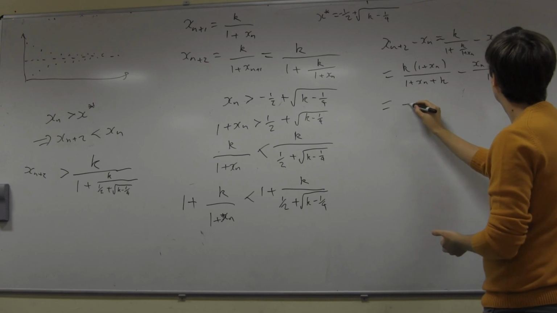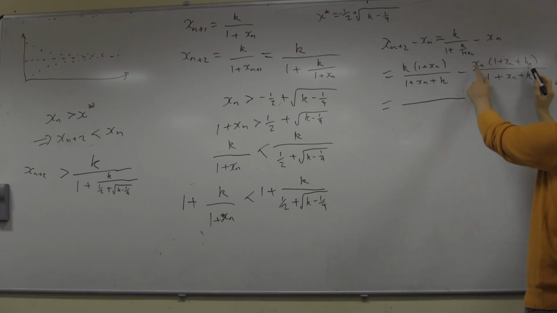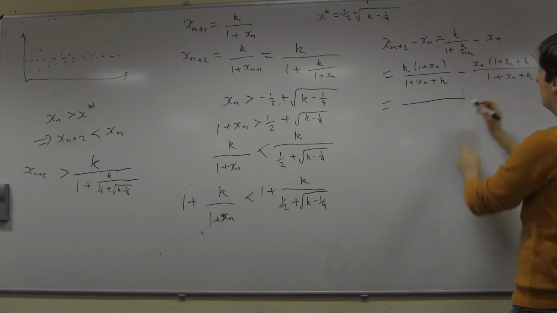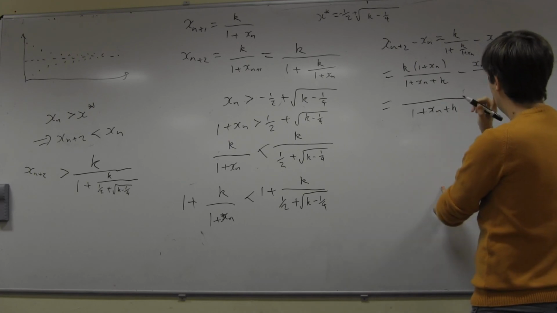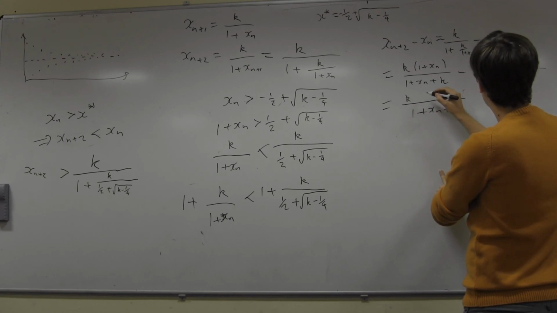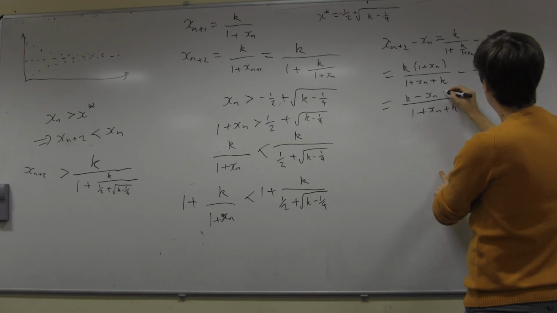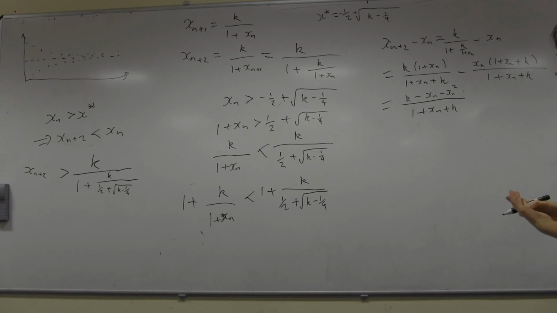So we've got a kxn term which cancels. That's the only term that cancels. We've got 1 plus xn plus k. So we get k minus xn minus xn squared. Yeah, this is easier, isn't it?